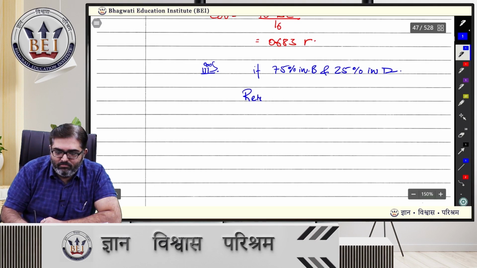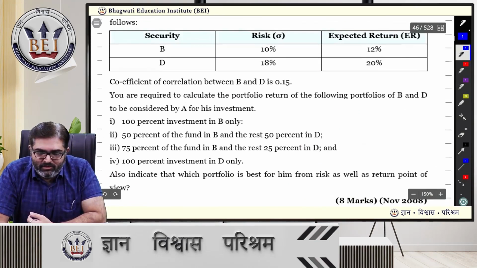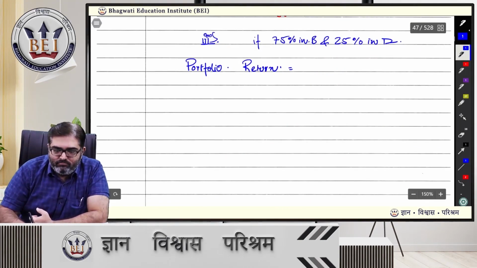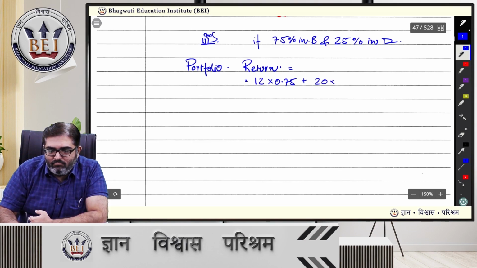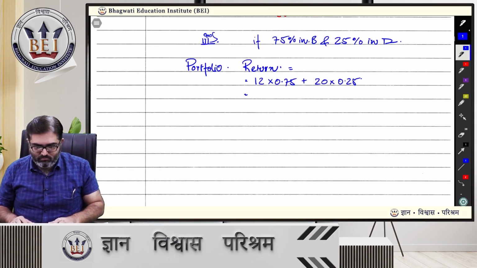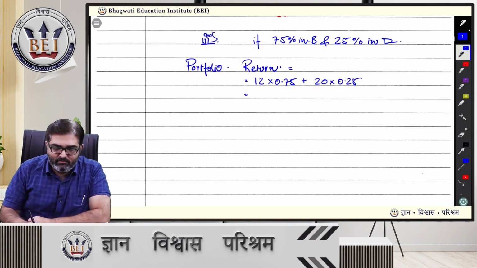रिटर्न, पोर्टफोलियो रिटर्न क्या आएगा मालिक? क्या थे नंबर्स, क्या थे? 12, 20. 14%.